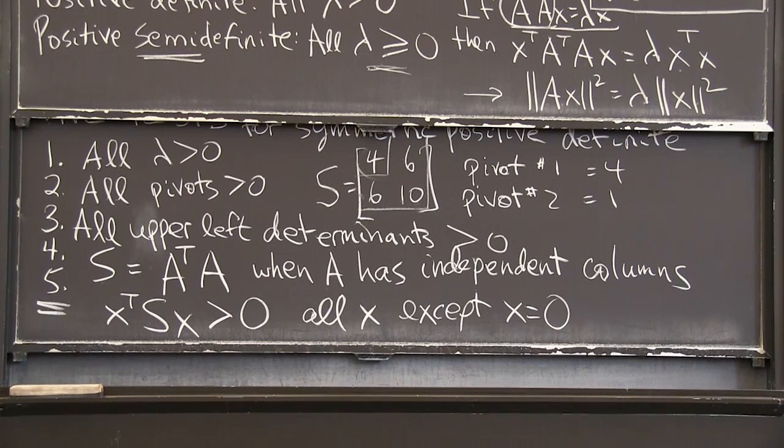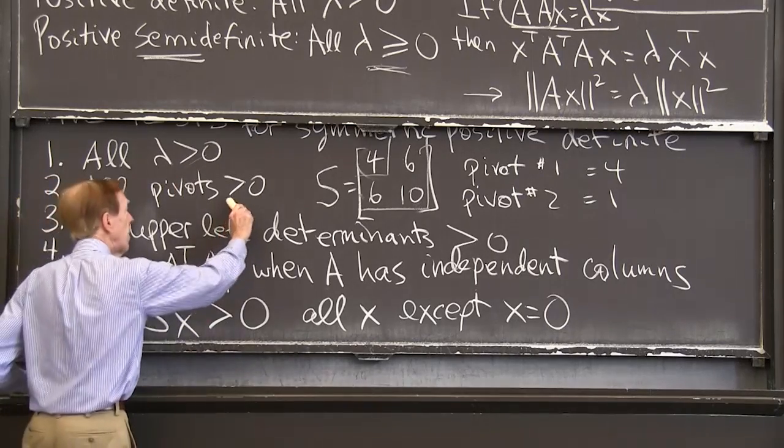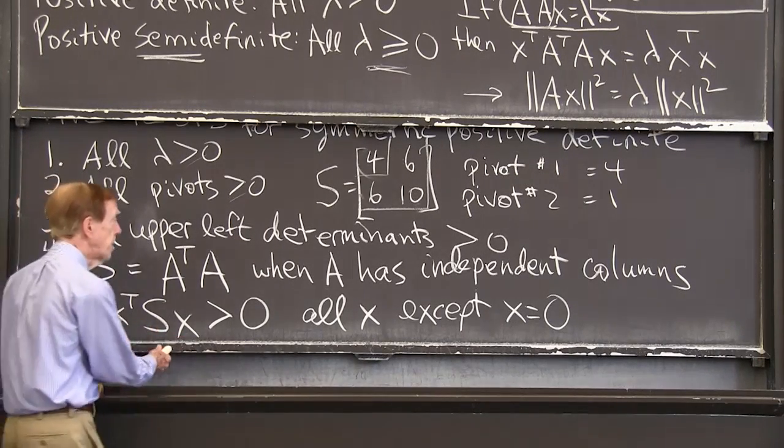Yes, there are. 5 similar tests. All eigenvalues greater or equal to 0. All pivots greater or equal to 0. I can go down this and just allow that borderline case that brings in semi-definite. I won't do that.